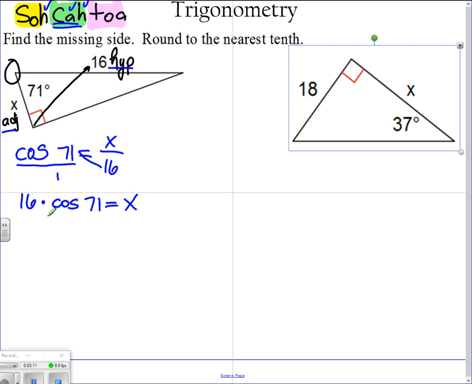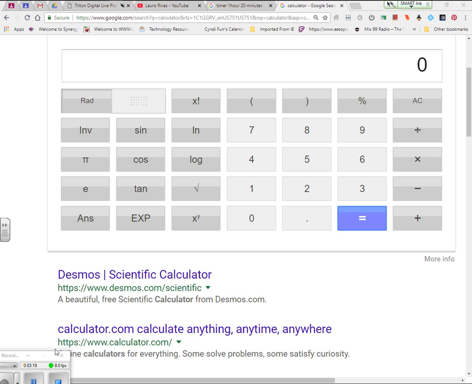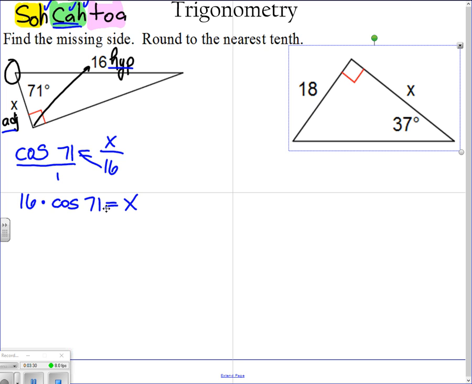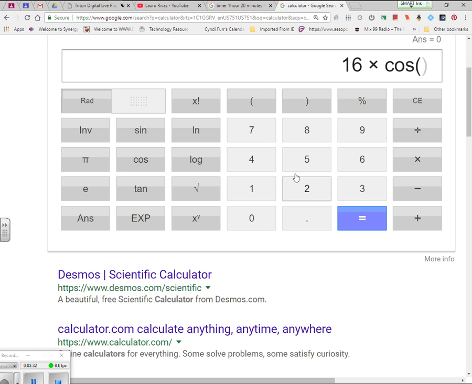Just put this in the calculator, and that will be the answer. Now this is my calculator that I'll be using. So I'm going to put in 16 multiplied by the cosine of 71.